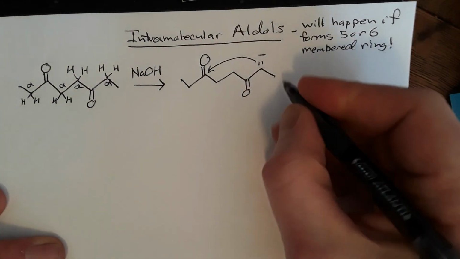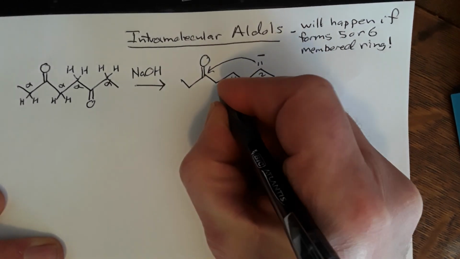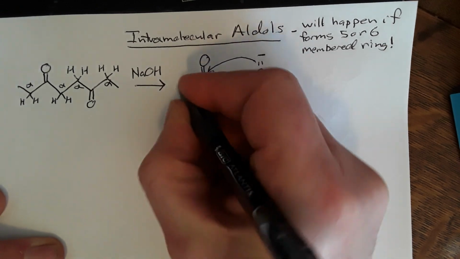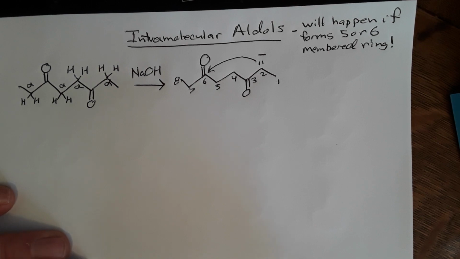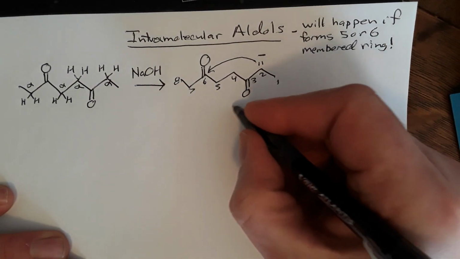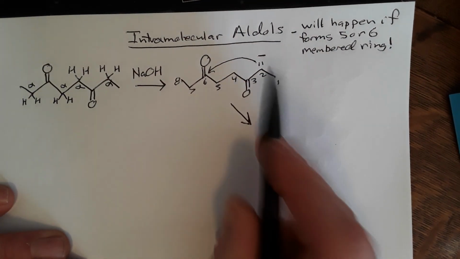So let's go ahead and number here. 1, 2, 3, 4, 5, 6, 7, 8. And so if we're going to form the product from that, then we will form, as we already said, a 5-membered ring.